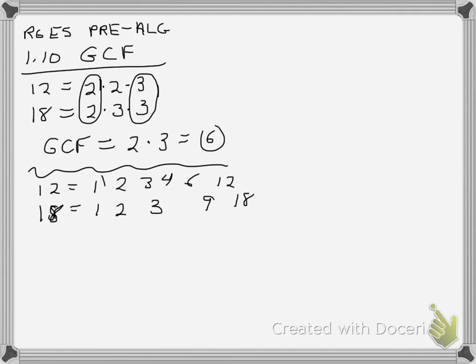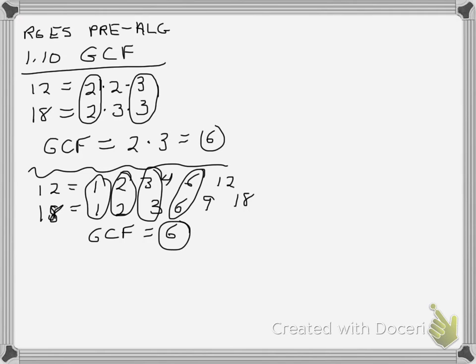Of those, the ones they had in common were the 1, the 2, the 3, and the 6. I missed that: I said 3 times 3, it's 3 times 6. The greatest number of those was the 6. So this was the first method you learned, and the second method is what you're learning today.